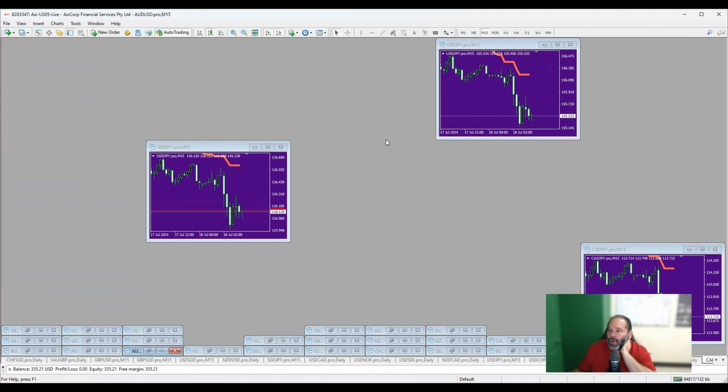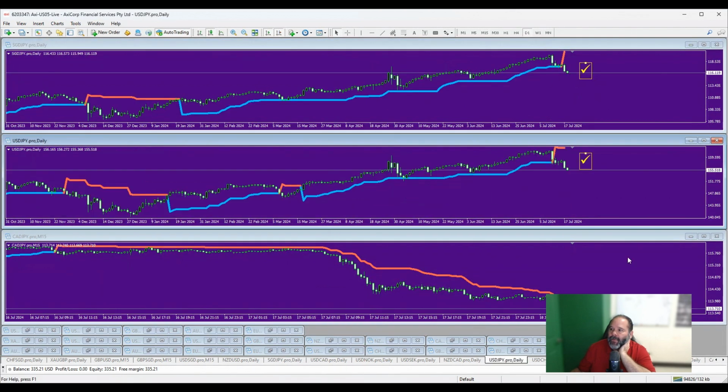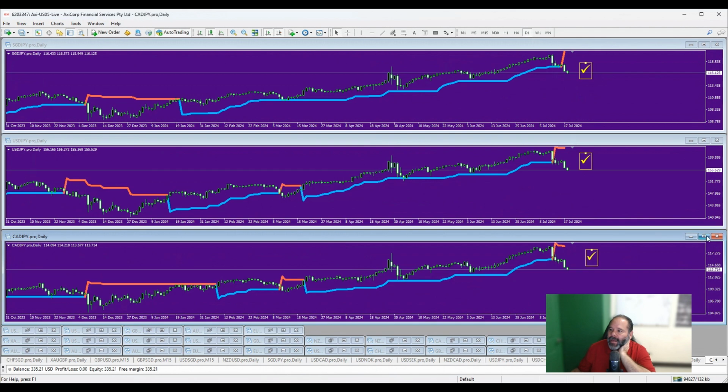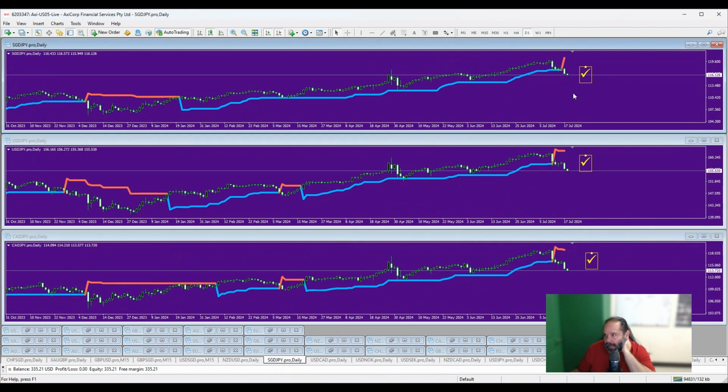Now let's check the correlation on the daily time frame. Daily time frame, there we go. Look how nice it looks, right? That's a correlation. What a beauty. So they correlate positively, these three pairs, which is Singapore dollar Japanese yen, dollar Japanese yen, and Canadian dollar Japanese yen.